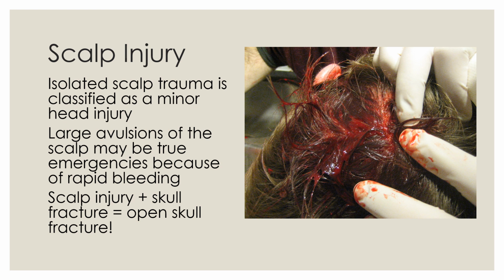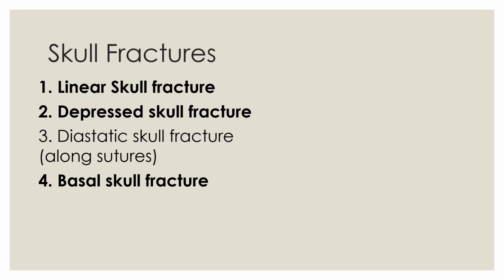So let's talk a little bit about skull fractures. I came across two different sets of, quote, types of skull fractures, one which had 4 and one which had 6. I took the last 2 off of this because they weren't particularly helpful, and we will be talking about 3 of these 4.